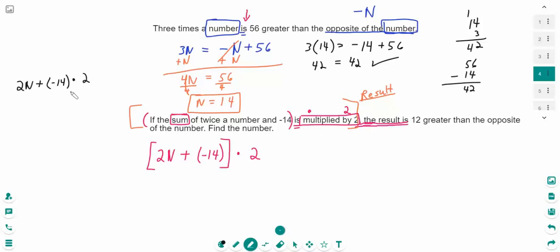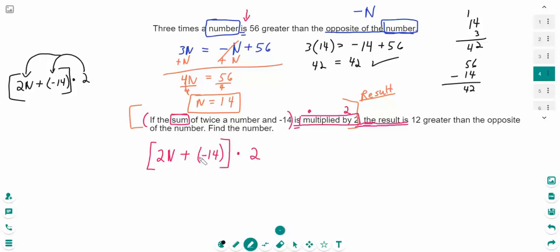But that's not what we're being told here. We're being told this whole thing is being multiplied by 2. So when you think about using your distributive property, you have to distribute the 2 times the negative 14, it's true, but you also need to multiply it by the 2n as well. All right? So bear that in mind. Watch out. That's another common mistake here.